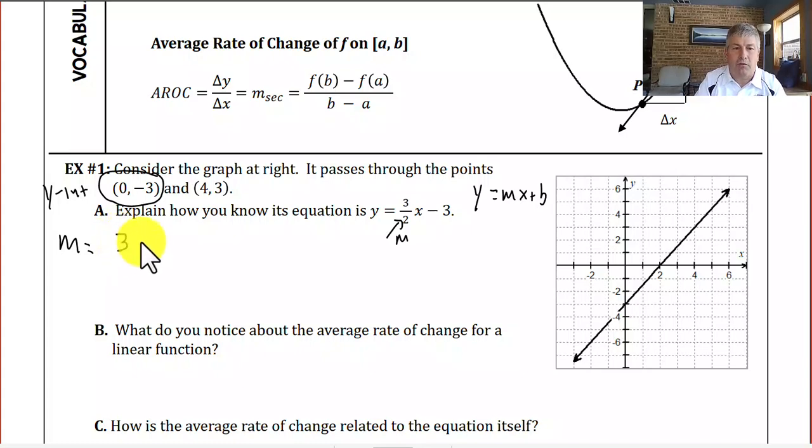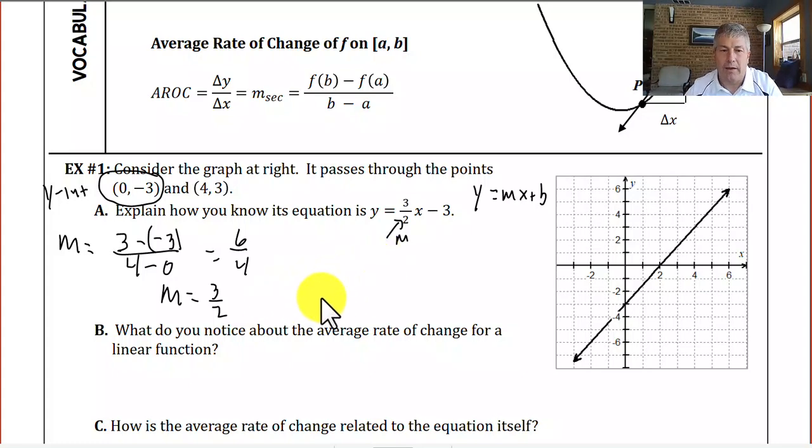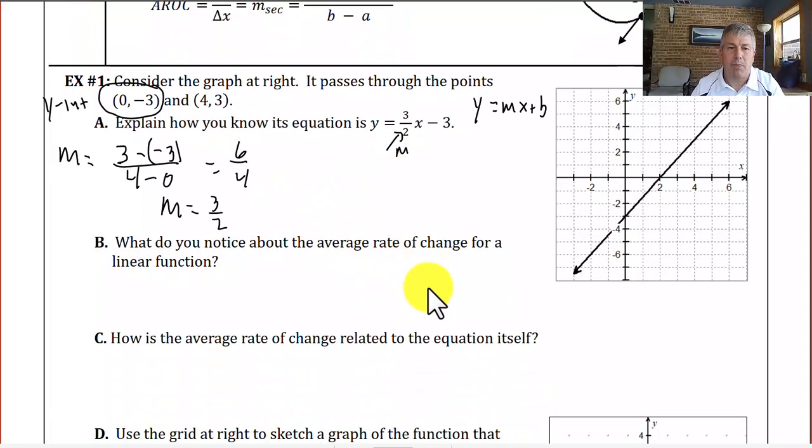Our slope is 3 minus negative 3 all over 4 minus 0, or 6 over 4, which is 3/2. So our slope is 3/2. Our y-intercept is (0, -3). And this is in the form y equals mx plus b.